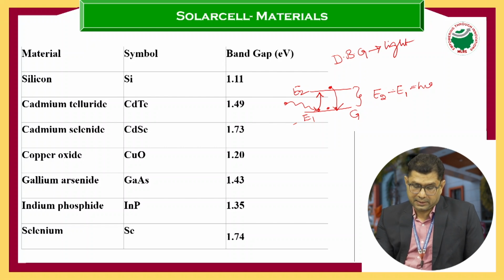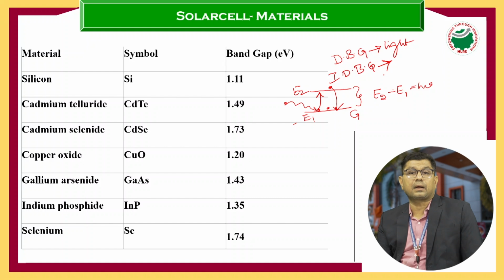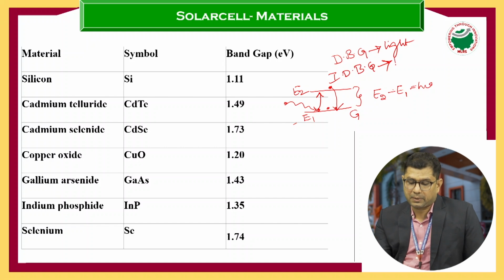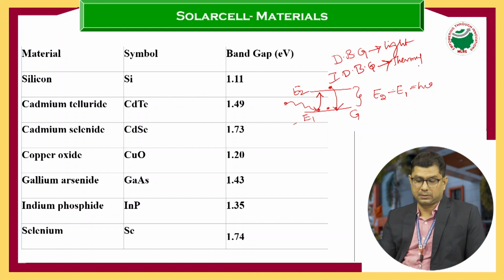If you consider an indirect band gap semiconductor, the transition of the electron from the higher energy level to the lower energy level liberates thermal energy, nothing but phonons. This we already studied in the previous class.